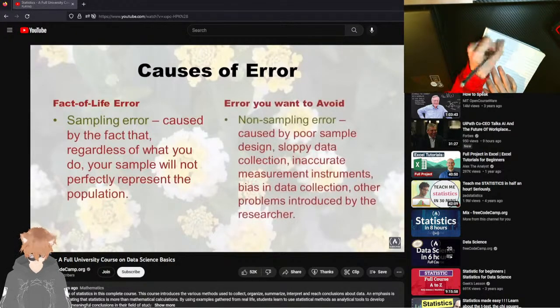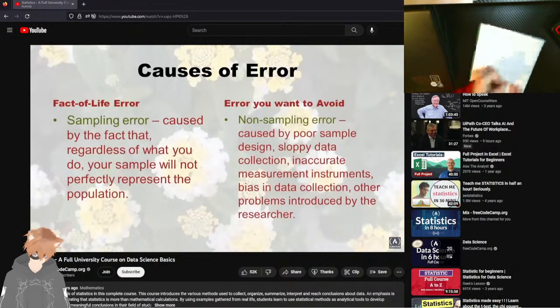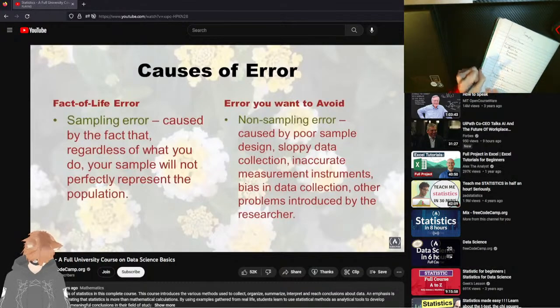Whereas non-sampling error, yeah, I was sloppy. It was poor sample design, sloppy data collection, inaccurate measurement instruments. You can have bias in data collection, other problems introduced by the researcher. So this is your fault if there's non-sampling error. But sampling error, that's just a fact of life.